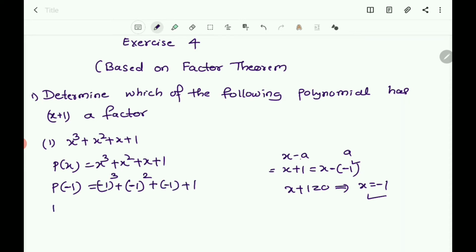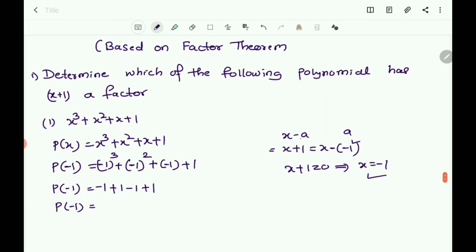Then p of minus 1 is equal to minus 1 whole cube is minus 1 into minus 1 into minus 1, that is minus 1, plus minus 1 whole square means minus 1 into minus 1, that is 1, then minus 1 plus 1. You know that minus 1 plus 1 cancels, minus 1 plus 1 cancels, that is nothing but 2 minus 2. So you will get 0 here.